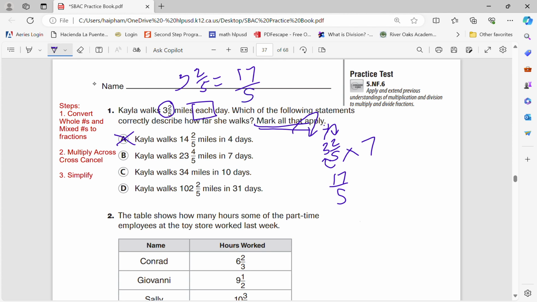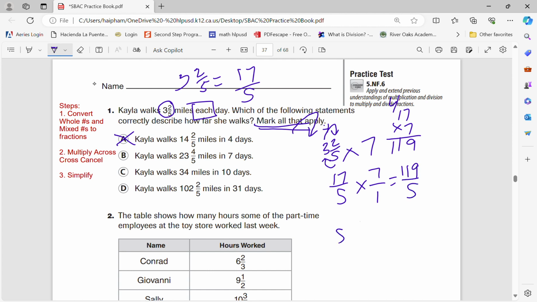Okay, let's go ahead and convert our whole number into a fraction. Once again, it doesn't look like we are able to cross cancel here, so let's go ahead and multiply 17 by 7. 7 times 7 is 49. 7 times 1 is 7, plus 4 is going to give me 11. We have 119 over 5.